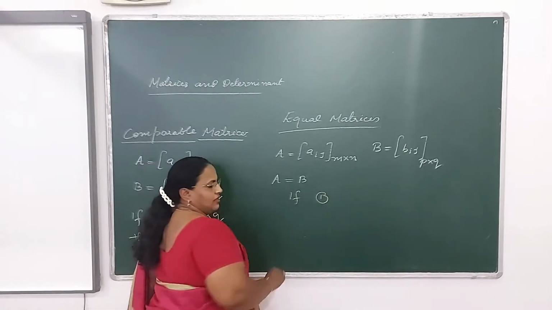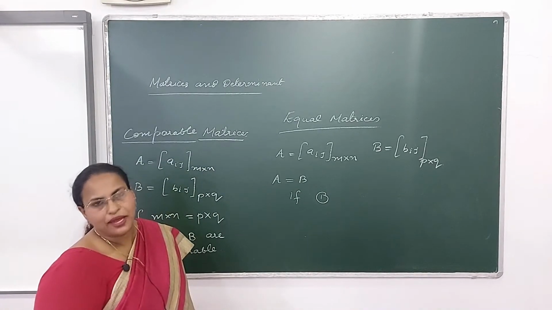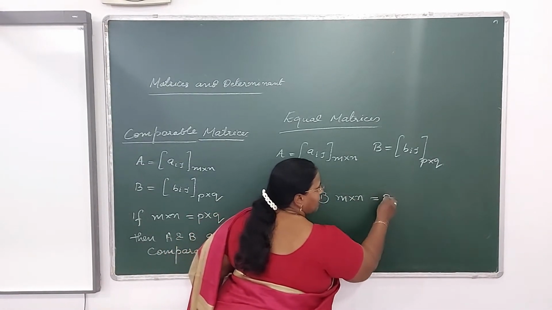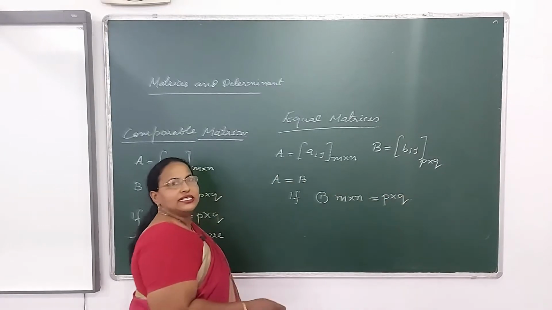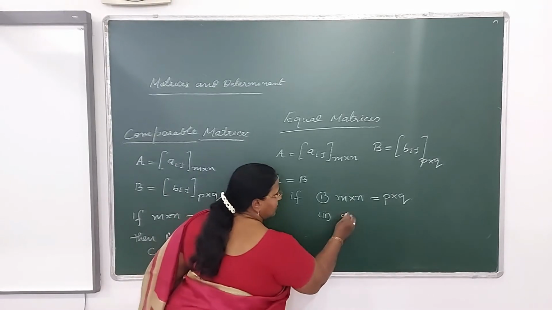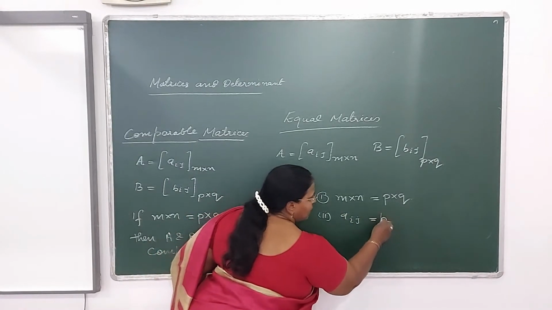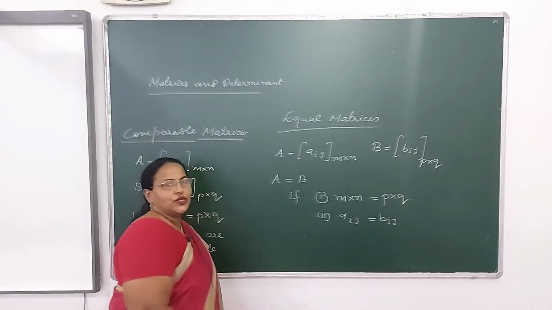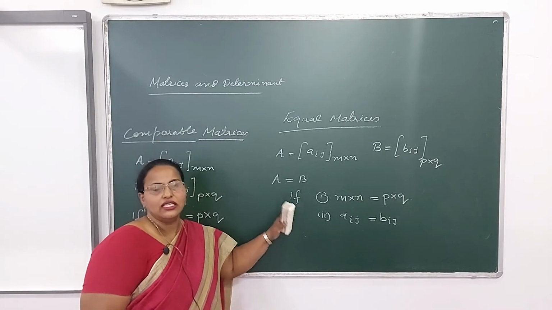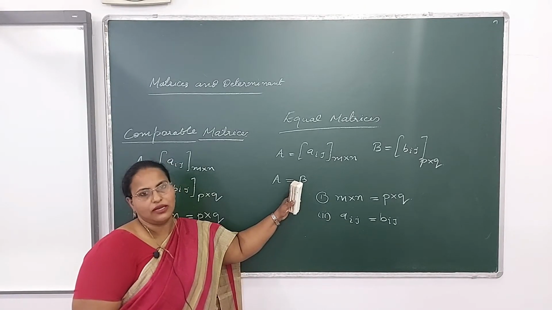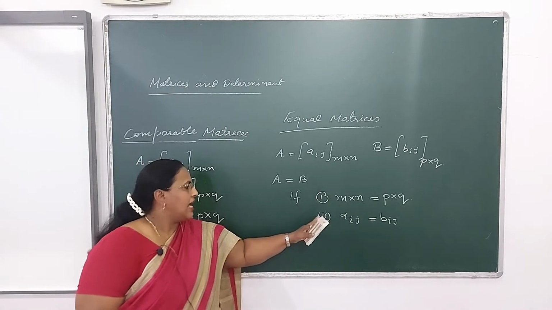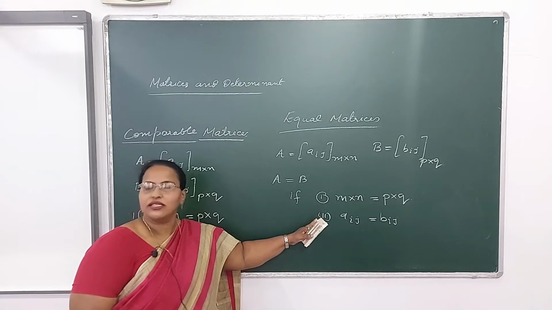First, the matrices should be comparable, that means m by n should be equal to p by q. And secondly, entries at the same position should be equal, that means Aij should be equal to Bij. So these are the two important conditions by which we can say two matrices are equal. Comparable means the orders are the same, and the entries at the positions are equal.